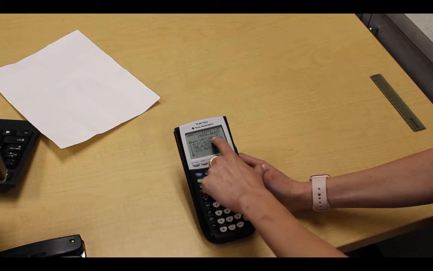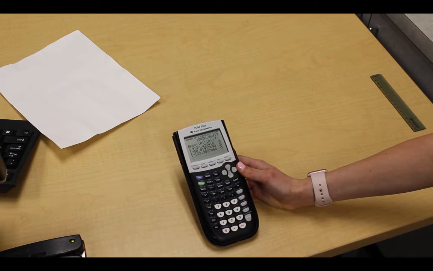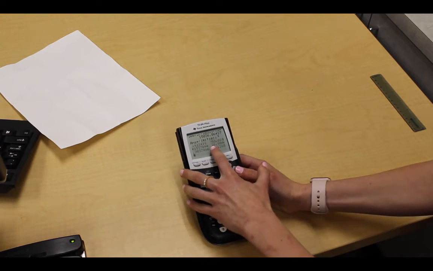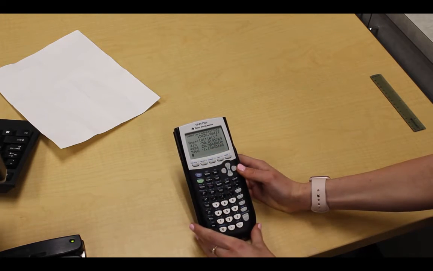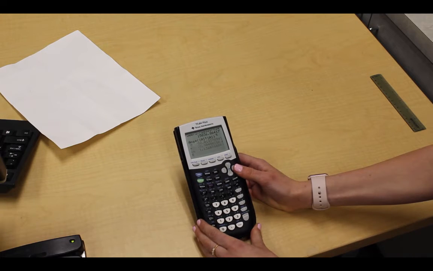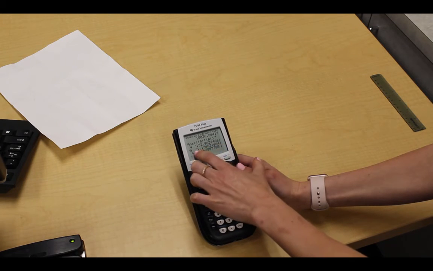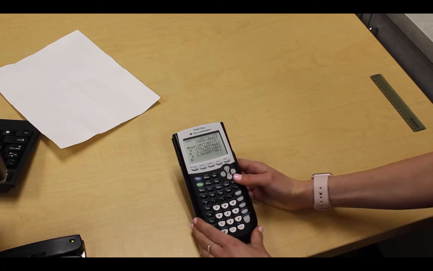So this, you'll take the square root of to get your standard error for beta naught. If you scroll over, this middle value, you'll take the square root of to get your standard error for beta 1. And take the square root of this value to get your standard error for beta 2. And that's all.